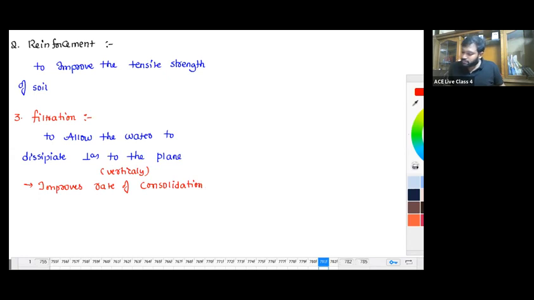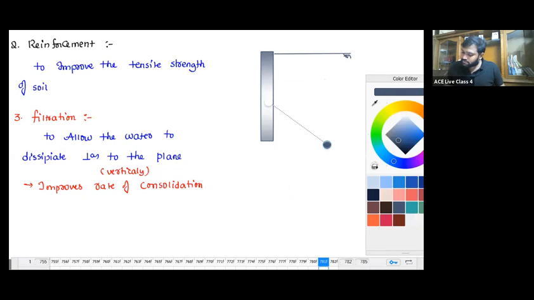Now, if you take a retaining wall, this is a retaining wall, and this is a backfill. I can provide the geosynthetics somewhere over here.